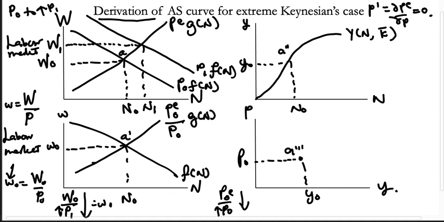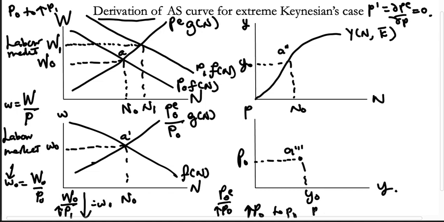I'm sorry, this is a mistake. Sorry. Actual price increases to P1, okay, such that P1 is more than P0. But because of money illusion, they don't realize that the real wage has reduced. Okay, they don't realize that the real wage has reduced.